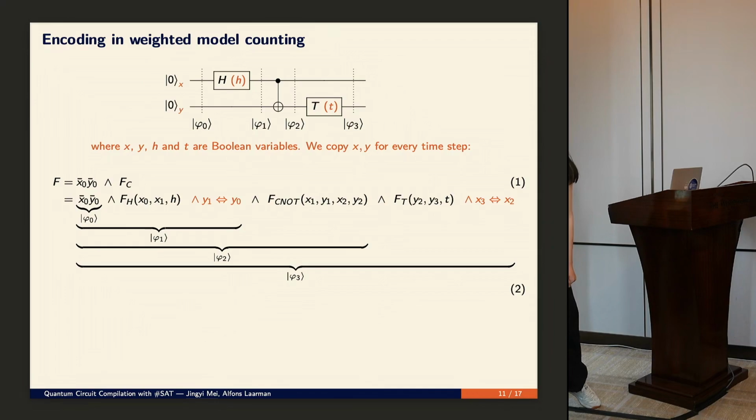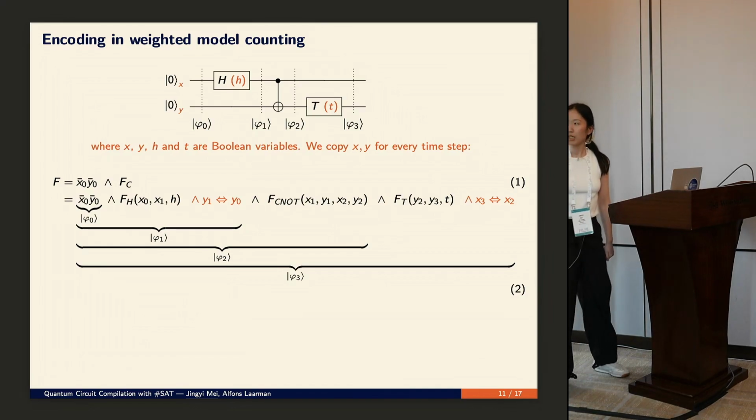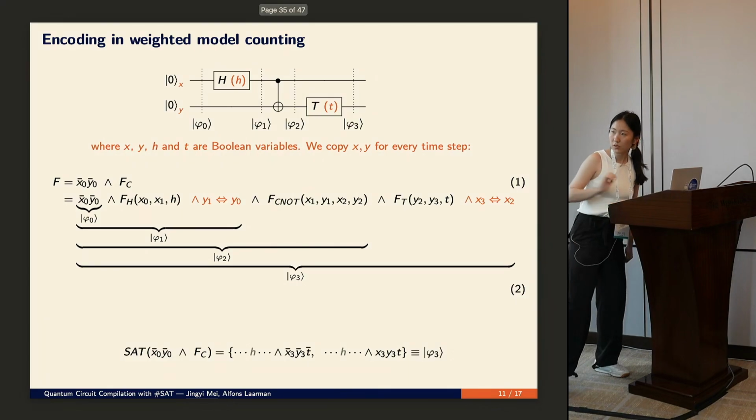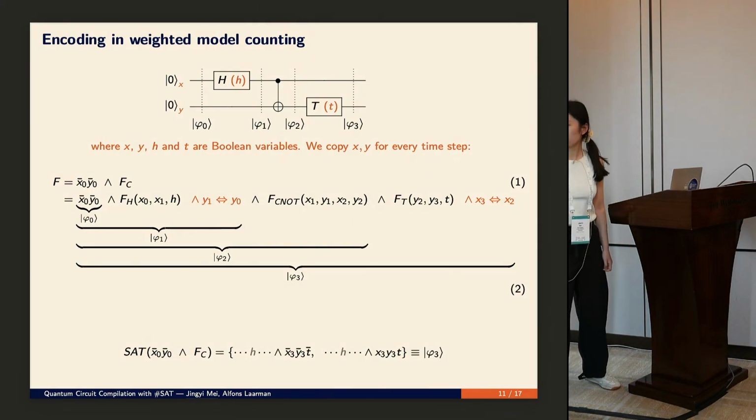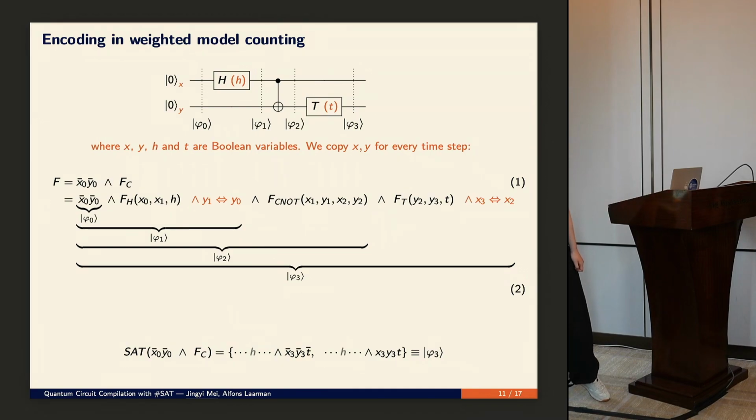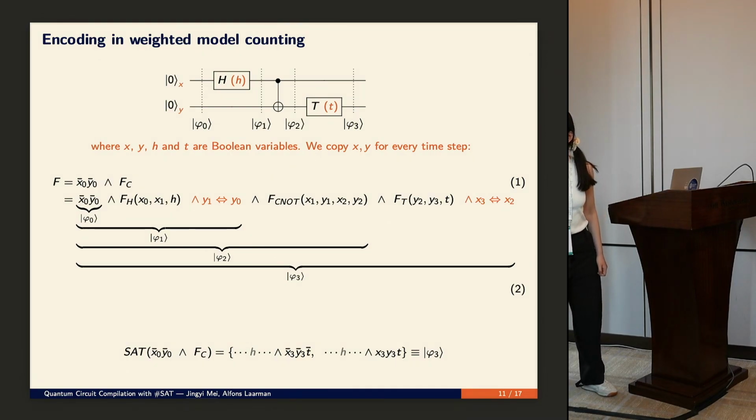We only show F_H in the last slides, but we can also do F_CZ and F_T using the same method. And here, we just do a conjunction of all the formulas, and then we get this big formula, and the satisfying assignment of this formula can be interpreted as the output state here.